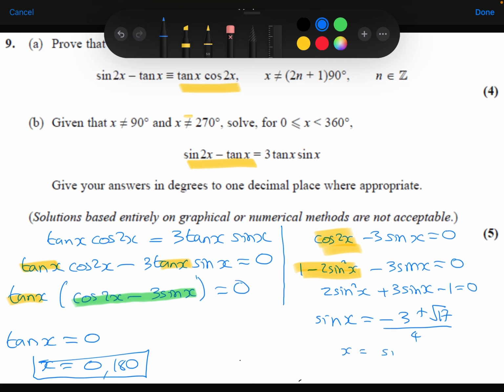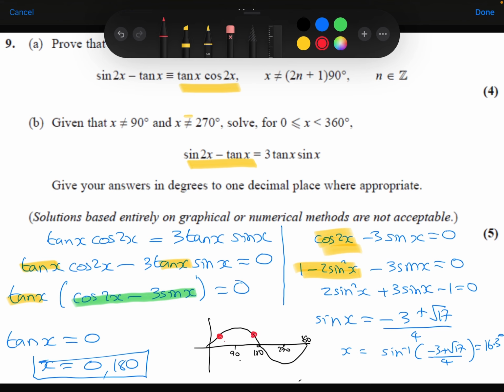So x equals sin inverse of minus 3 plus root 17 over 4, which when I put that into my calculator, I get 16.3 degrees. Draw a quick sine graph to get the other solution. So my first solution was here at 16.3.